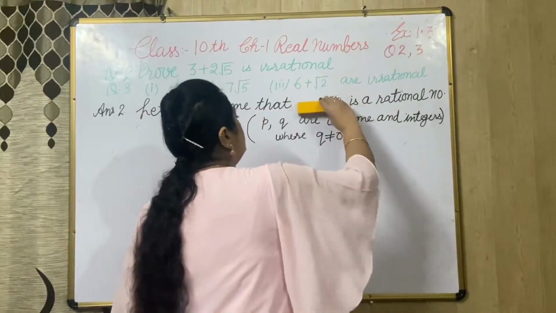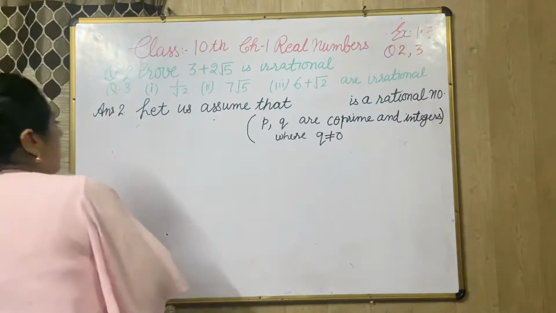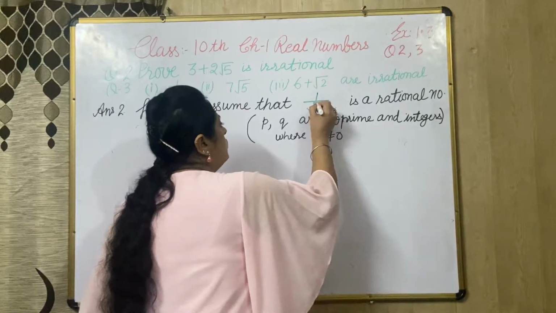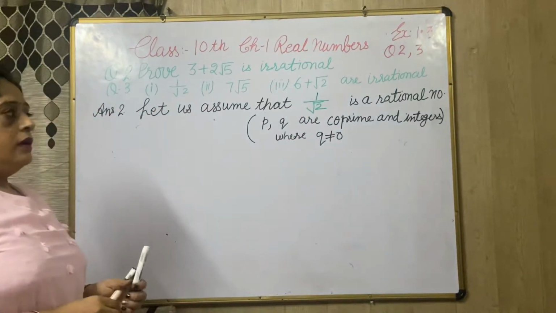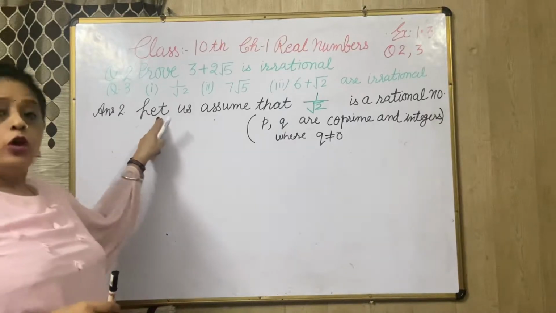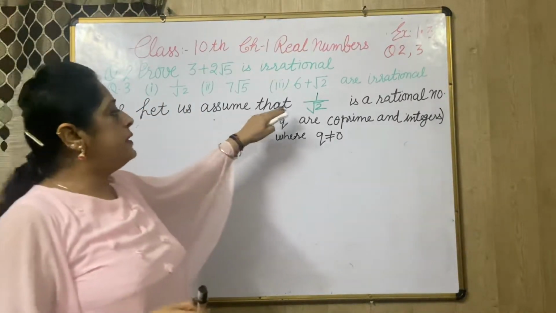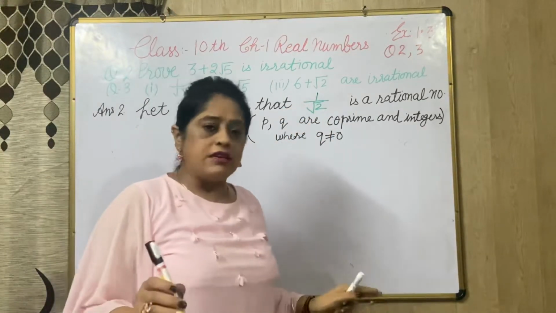So I will change it there. Now I have to prove 1 upon root 2 is an irrational number. I will use the contradiction method. Let us assume that 1 upon root 2 is a rational number.